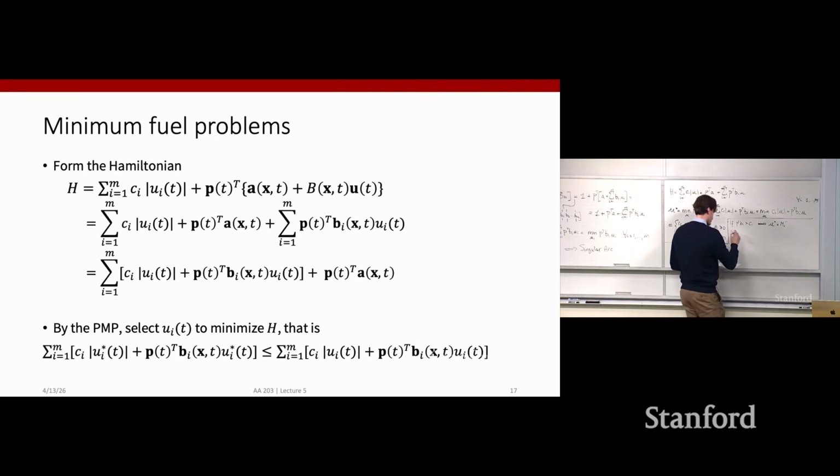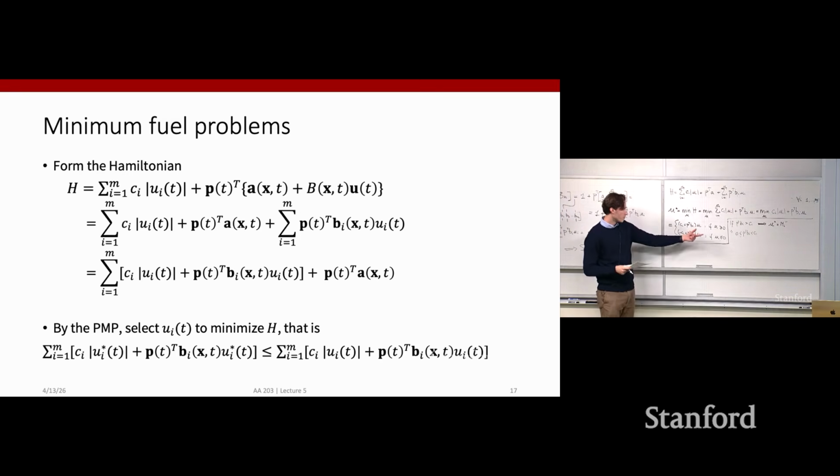Now we do another case, that is the case where P transpose Bi is between 0 and Ci. If this is the case, this is still positive, so here I would also pick Ui equals 0.